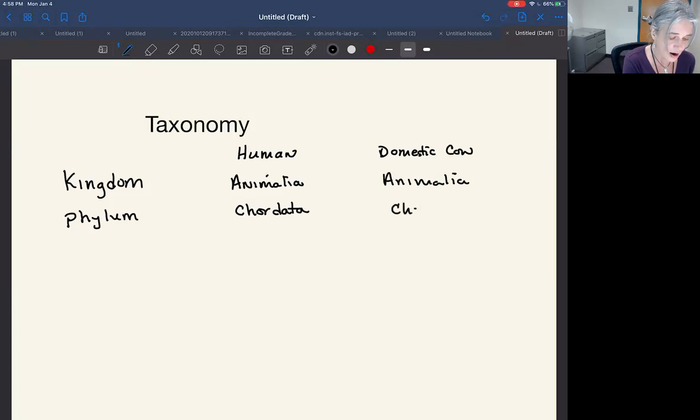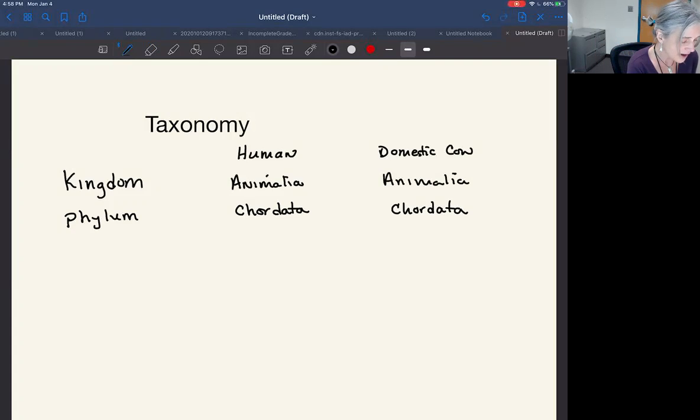So we are both chordates, Chordata. And I wanted to point out that there's little designations above phylum. So we could talk about the superphylum, or there's a designation below called a subphylum. So we're just talking about the major groups, even though there's little groups in between these.